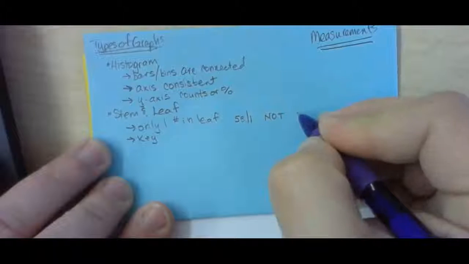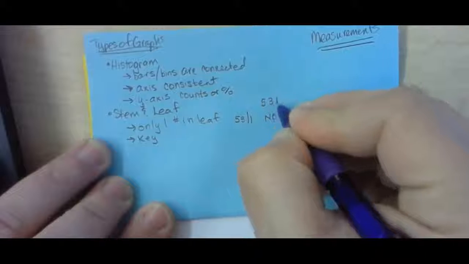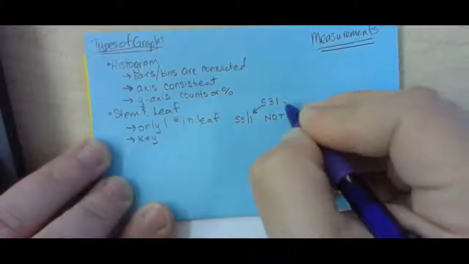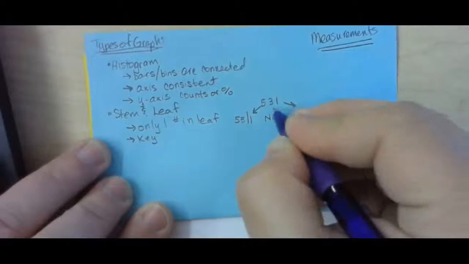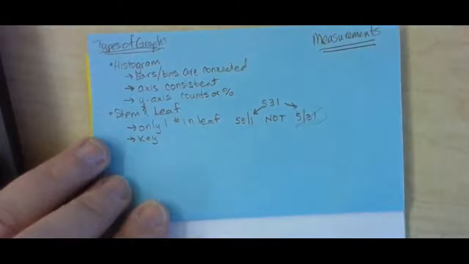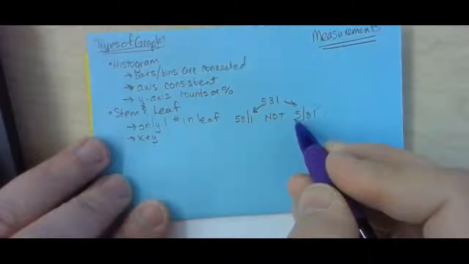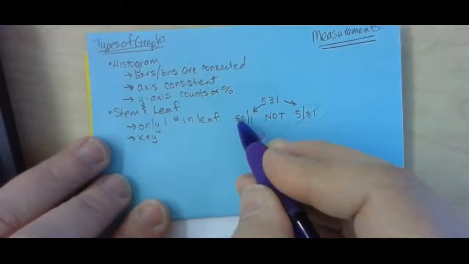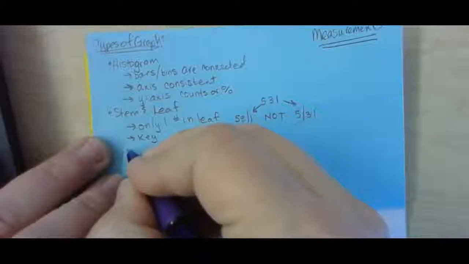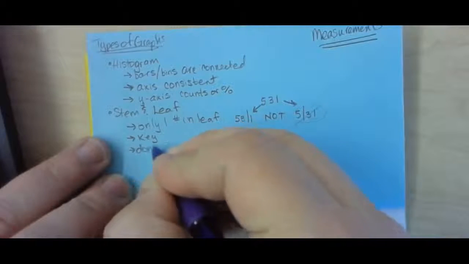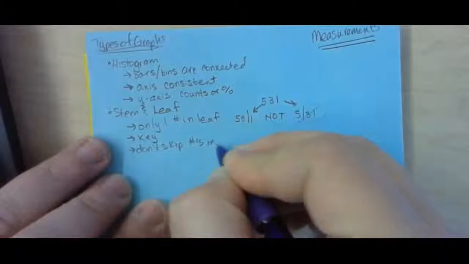I cannot do 531 if my answer is 531. This is correct. This is a no, because it had two numbers that represent the 31. Remember, the numbers in the leaf don't have to go in order, but the numbers over here in the stem do have to go in order. And remember, you can't skip stems. So don't skip numbers in the stem.